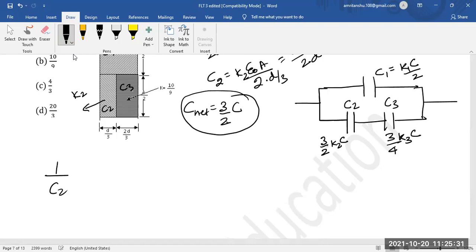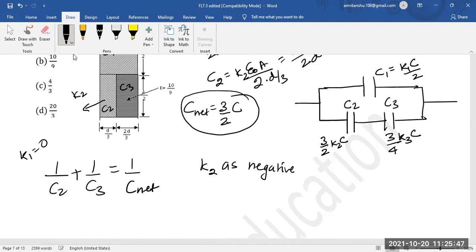1 by C2. Let's say if K1 is 0, then 1 plus C2 and 1 plus C3 will be equal to 1 by C net. Now when you solve this, you get K2 as negative. That means K1 cannot be 0. Therefore, K1 is not equal to 0.